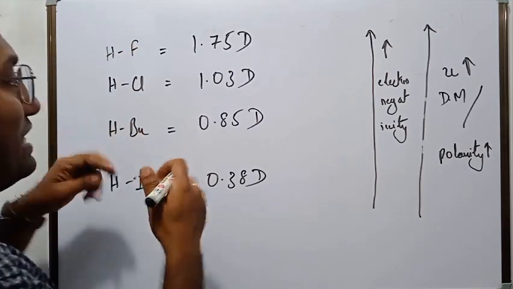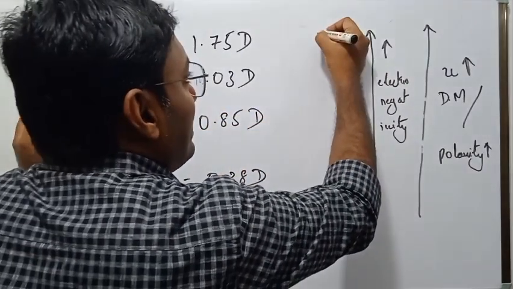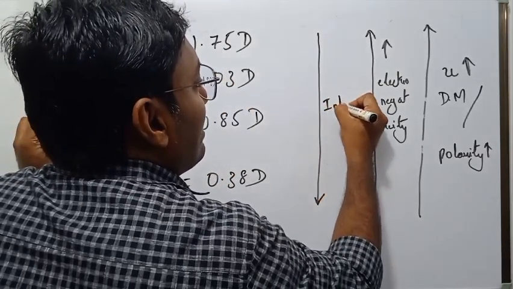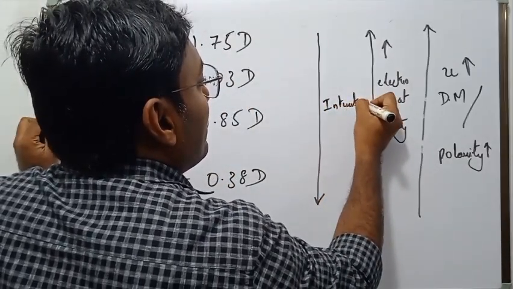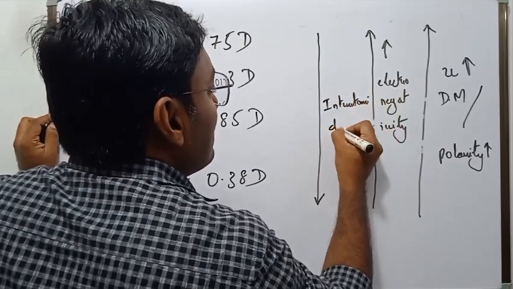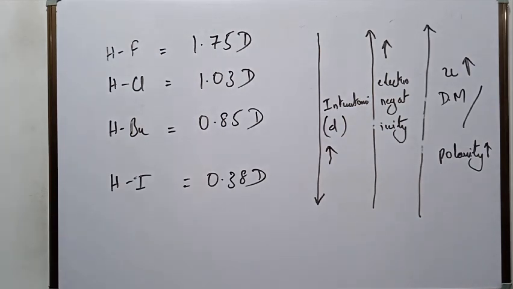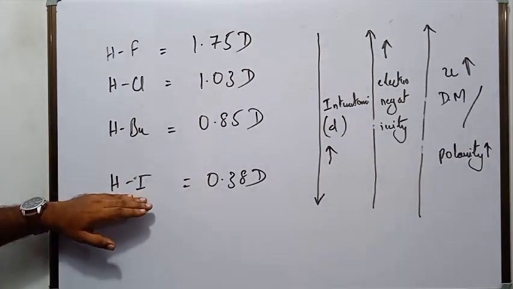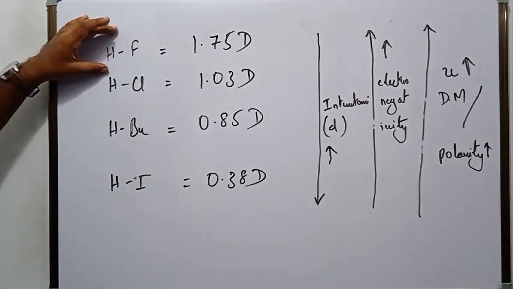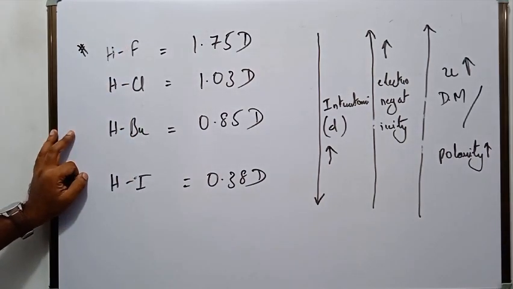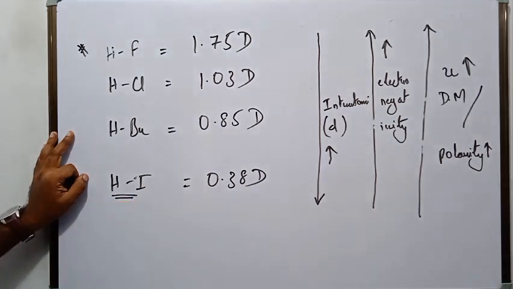And what about the interatomic radius? The interatomic radius, that is D, increases like this. So I have drawn this table. See the polarity: which is the most polar? HF is most polar. Which is the least polar? HI is the least polar.